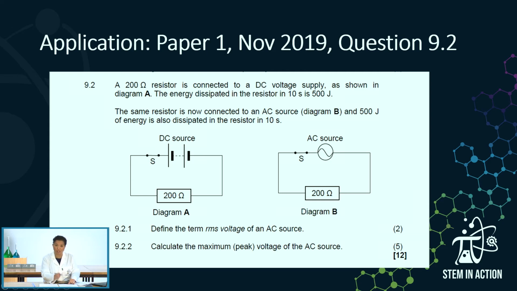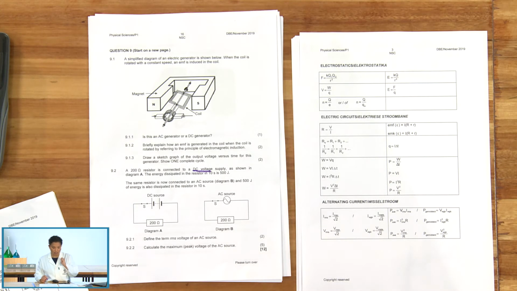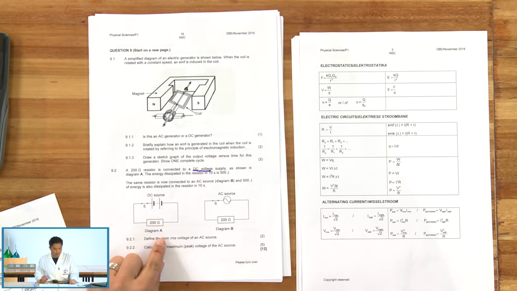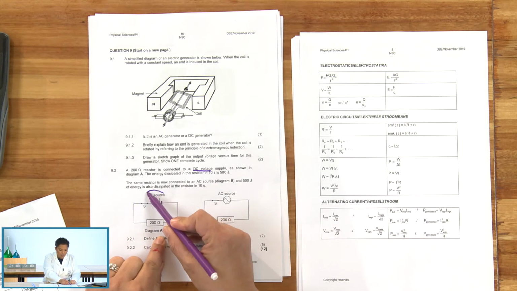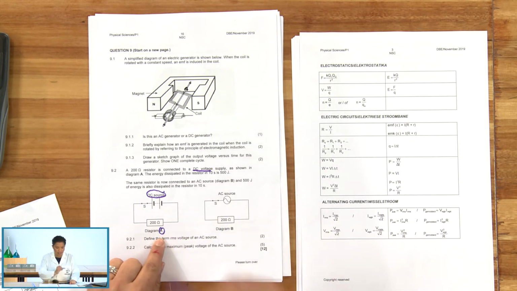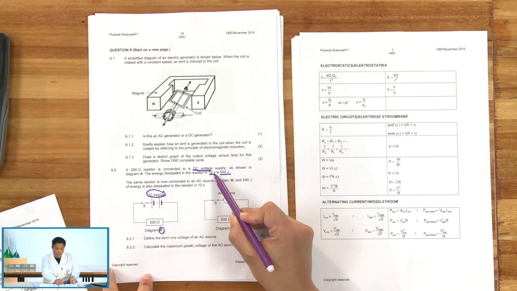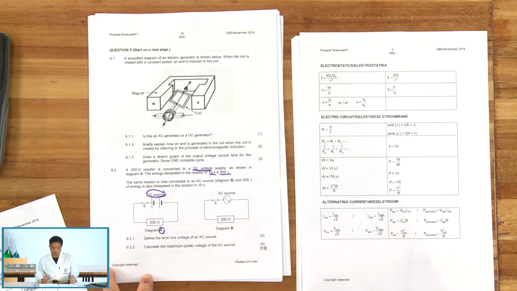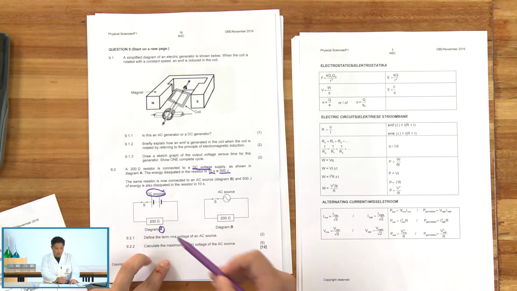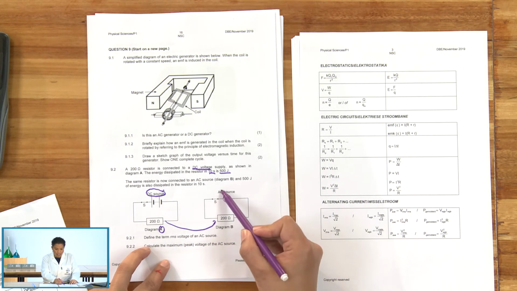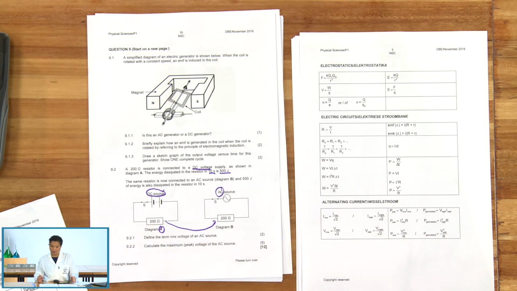Let's underline that because now we know we're working with DC voltage, as shown in diagram A. So there's our DC source in diagram A. The energy dissipated in the resistor is 500 joules in 10 seconds. The same resistor is now connected but in an AC circuit, as shown in diagram B, and 500 joules of energy is also dissipated in 10 seconds.